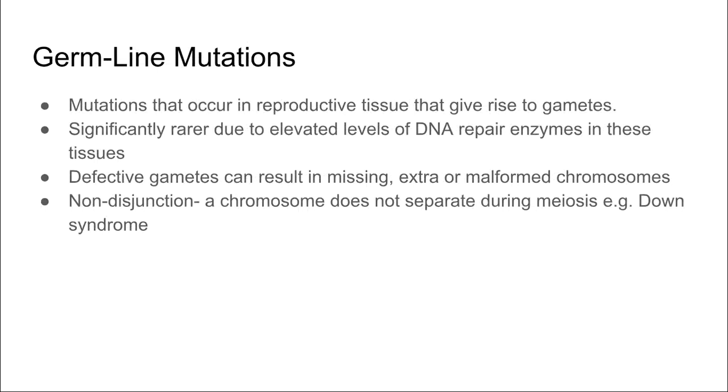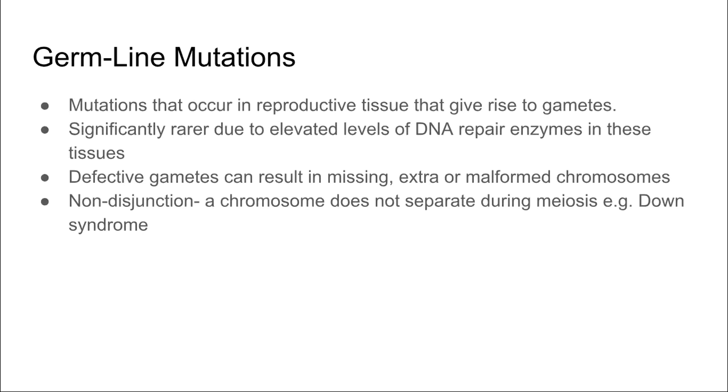Then we have our germ-line mutations, and these occur in reproductive tissue and in our gametes. Therefore, we can have defective gametes resulting in missing, extra, or malformed chromosomes. Our body has a good way of repairing DNA in these tissues. However, they still do happen.